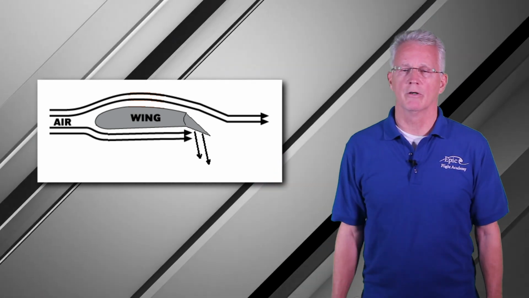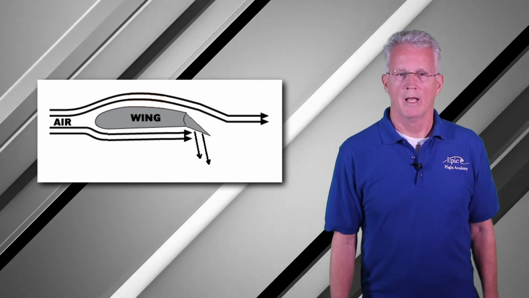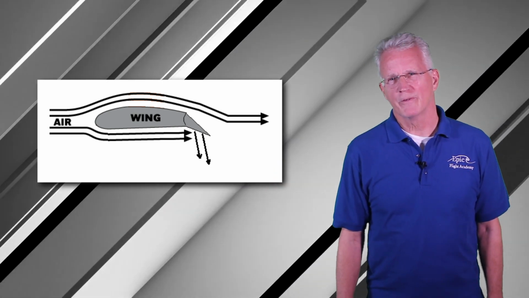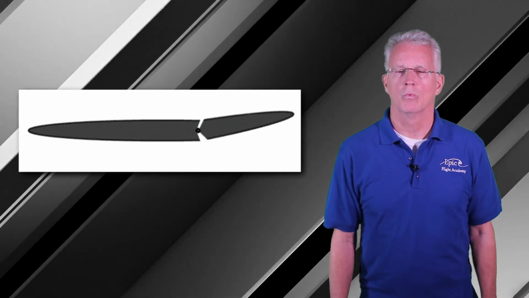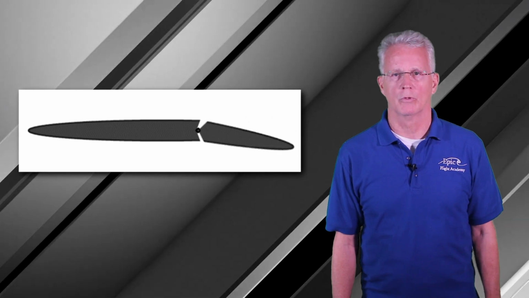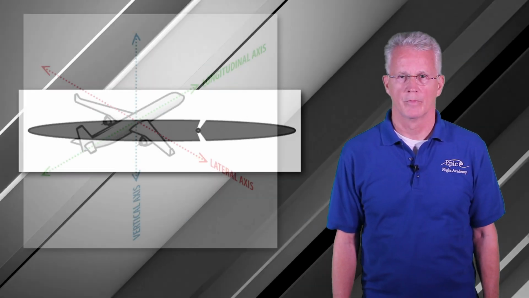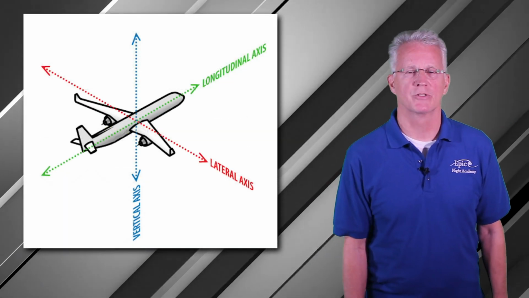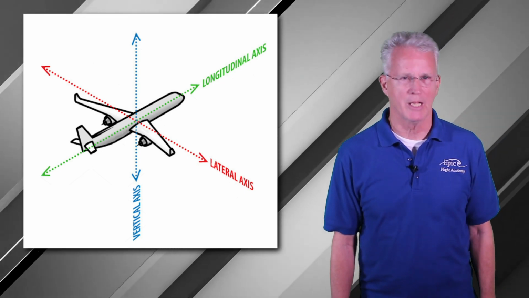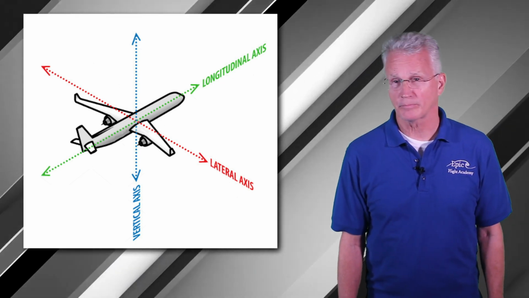As you can see here in this diagram, when a control surface is moved, it deflects the airstream, which moves the wing. Now, it's important to understand the three axes of rotation for an aircraft.